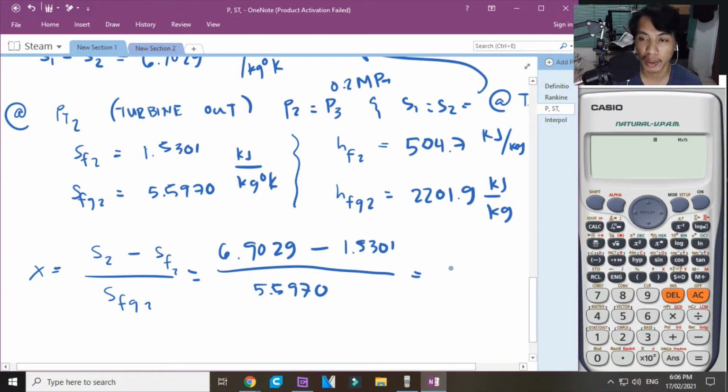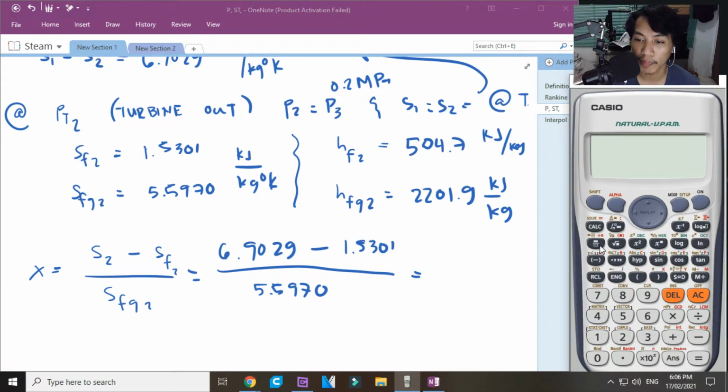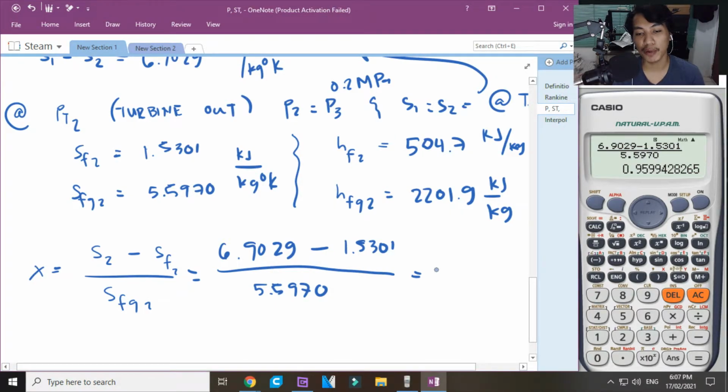Yan. So 0.9599. Pag quality, tandaan nyo, lagawin yung 5 decimal places. 0.95994.